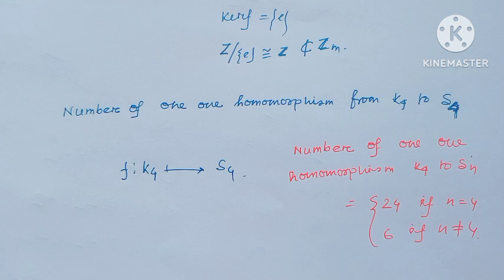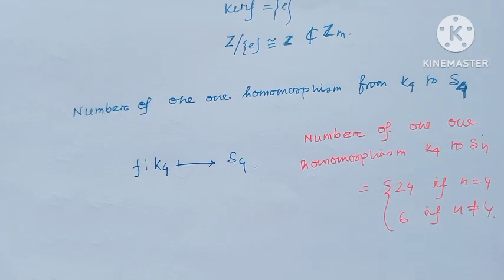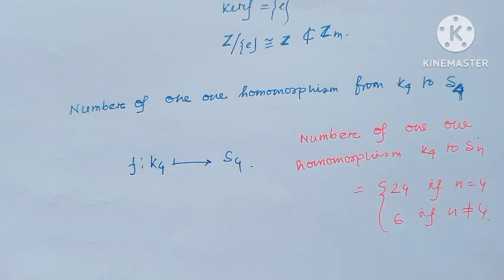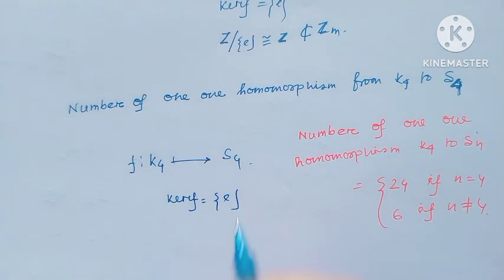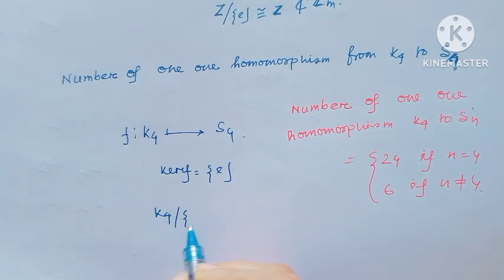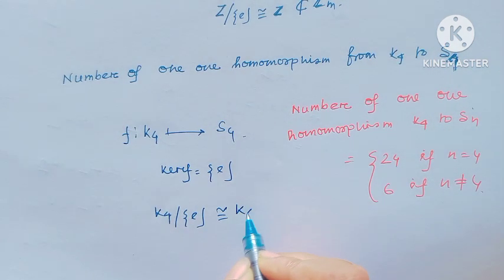Okay. We will see the number of 1-1 homomorphisms from K4 to S4. The shortcut trick: the number of 1-1 homomorphisms from K4 to Sn, when n equals 4, is 24, and when n is not equal to 4, this value is 6. When f is a mapping from K4 to S4, for a 1-1 homomorphism the kernel is the identity, and K4 modulo identity is isomorphic to K4.